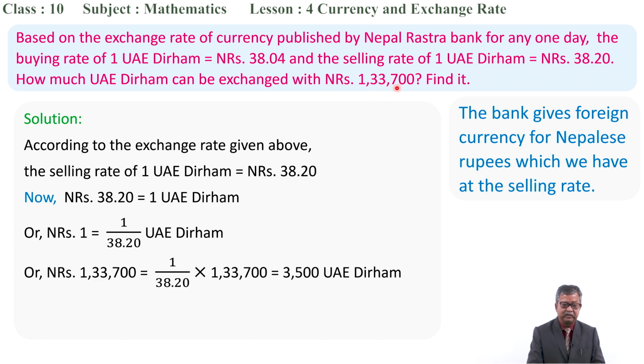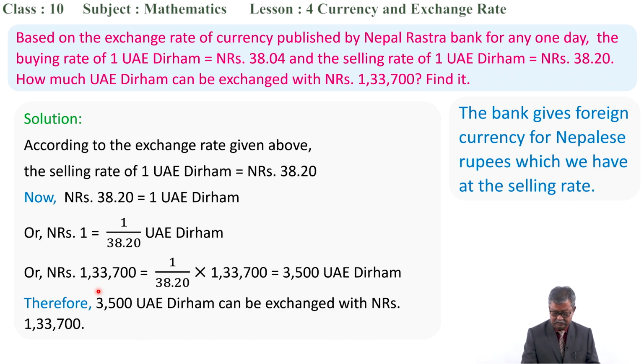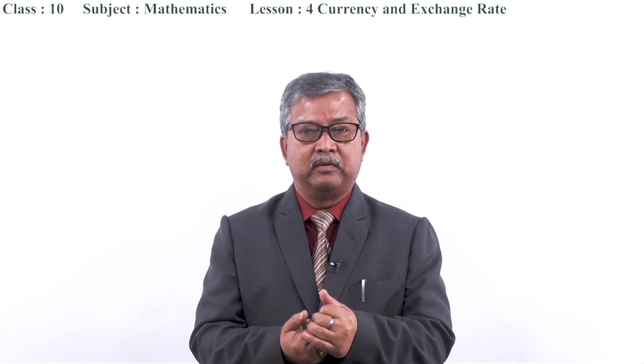So Nepalese rupees 1,33,700 is equal to 1 upon 38.20 into 1,33,700. When 1,33,700 is divided by 38.20, we get 3,500. So this 3,500 is the dirham which we get when we exchange 1,33,700 Nepali rupees.